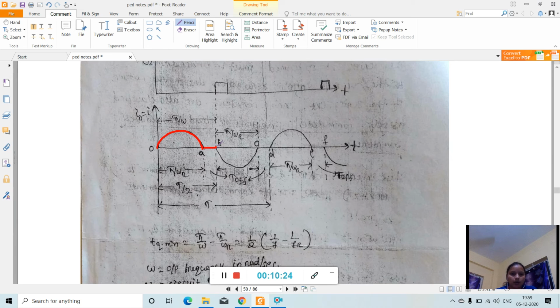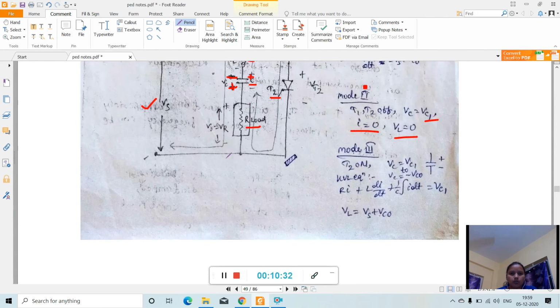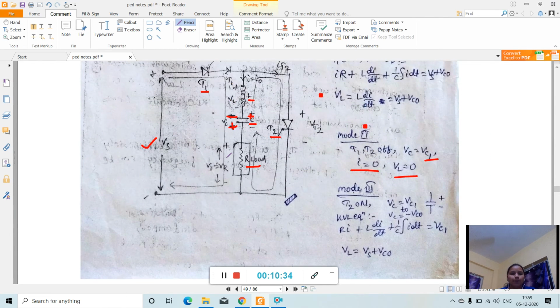So now at point B, thyristor T2, that means this is mode 3. At point B, thyristor T2 is turned on, T2 is gated. So when T2 is turned on, C has charged and stored some energy, and L also stored some energy.